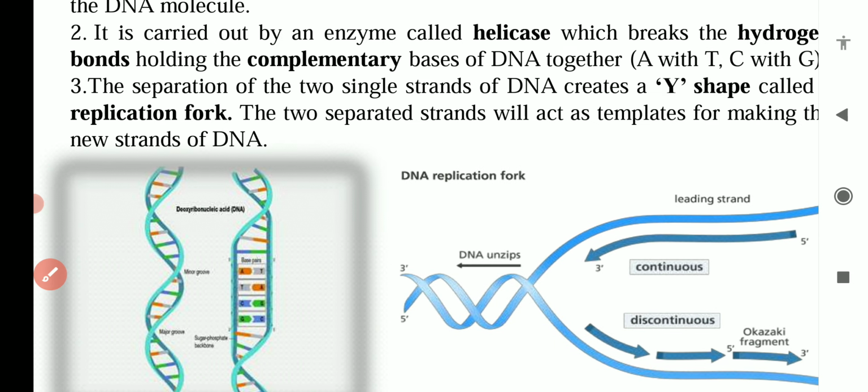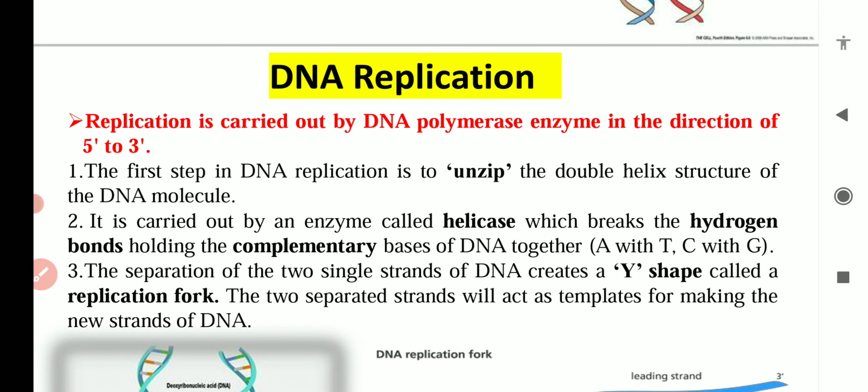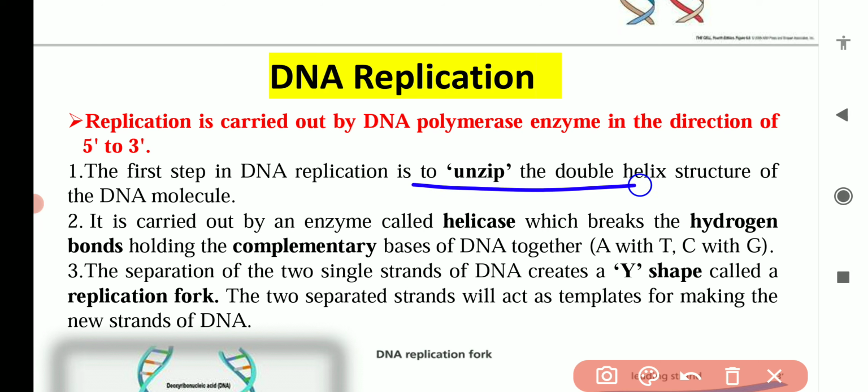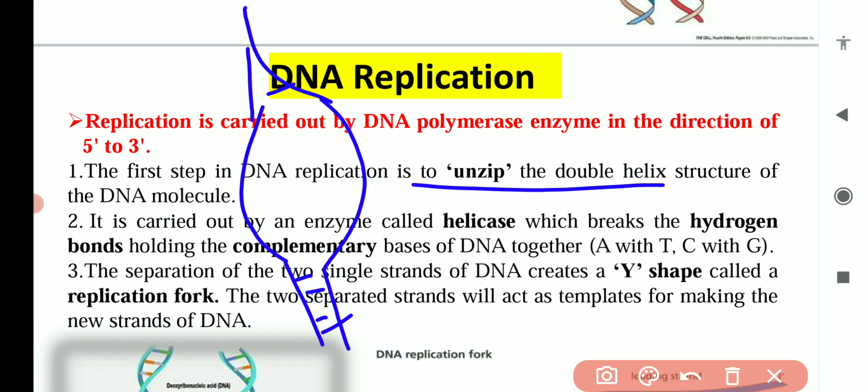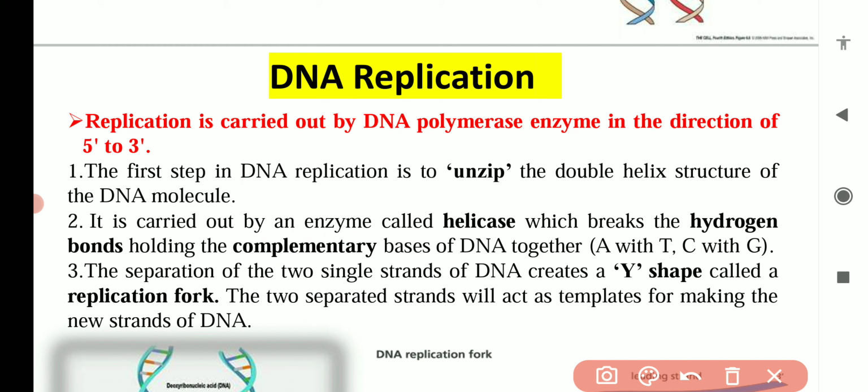So the first requirement is to unzip this DNA double helix to make a localized single strand. The two strands of the double helix will be joined together, but at some point they will open up, which means the hydrogen bonds between the nitrogenous bases will be broken down, and this is known as unzipping of the DNA molecule.